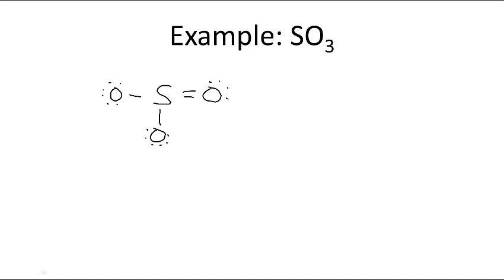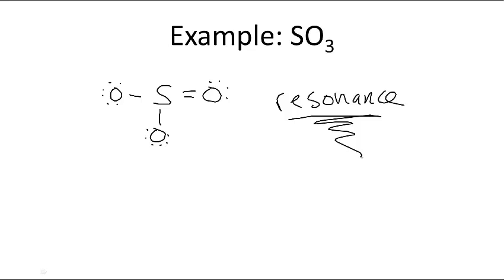Okay. So, here's what your Lewis structure should look like. Now, here you have resonance. So because you have resonance, all three of your resonance structures are equal.